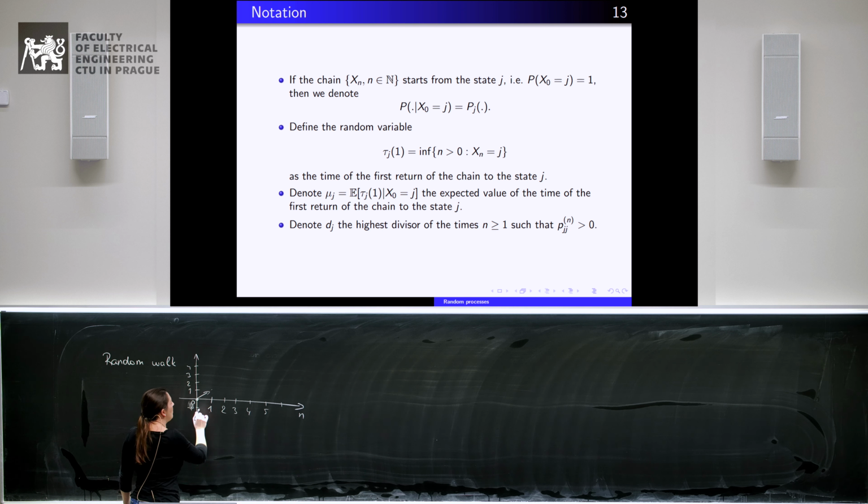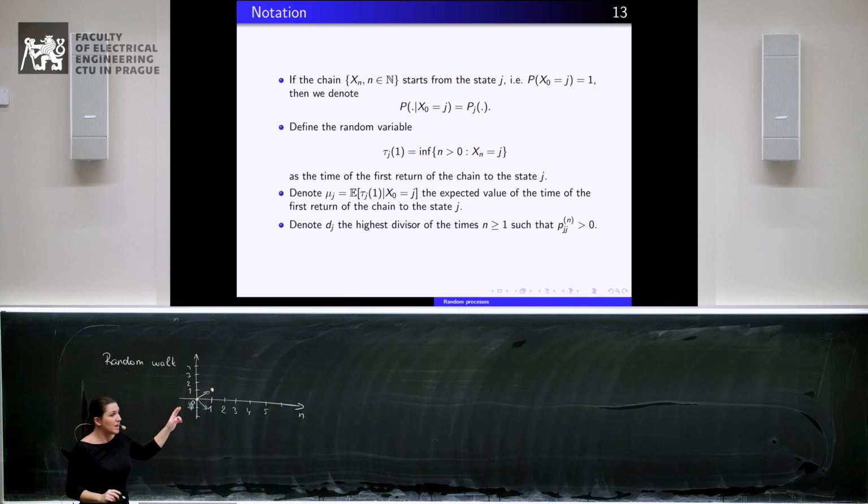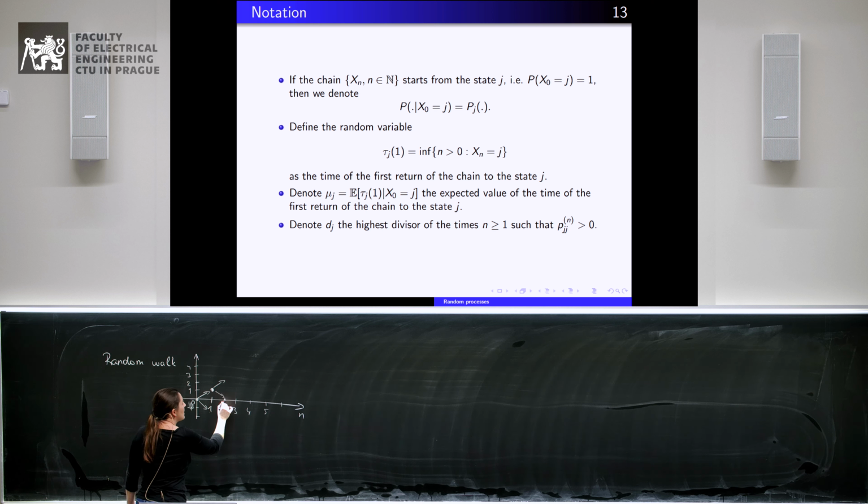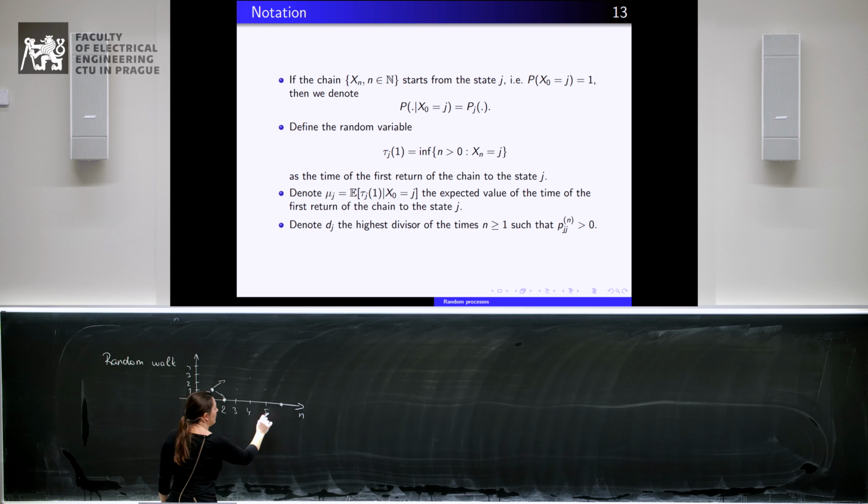It must go either up or down. So let's say that it will go up, and then in the second step it can fall down or go up. Let's say it falls down, so it returned to the value 0 in 2 steps. Or it can jump up, then fall down, and then fall down to 0. But again, it is an even number of steps between starting from 0 and returning to 0.